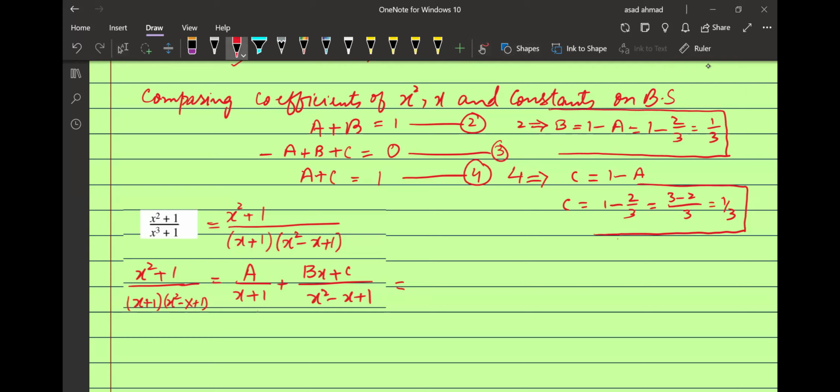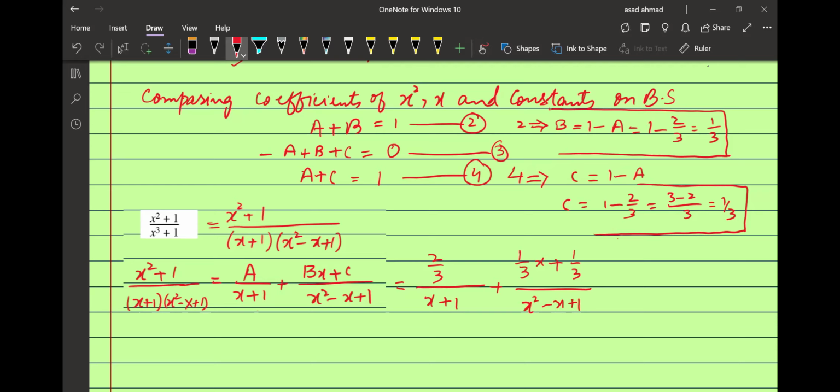That was the original statement. So A was just calculated as 2 by 3, so we will write 2 by 3 divided by x plus 1. For b, this is 1 by 3 times x. And c was just calculated as 1 by 3. And the entire term is divided by x square minus x plus 1.